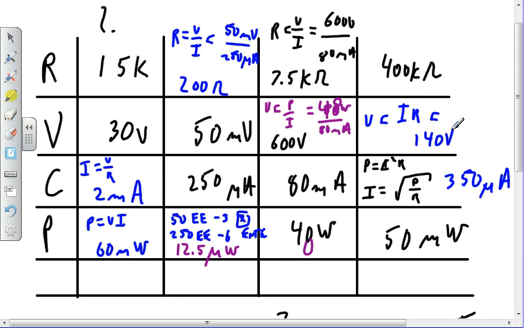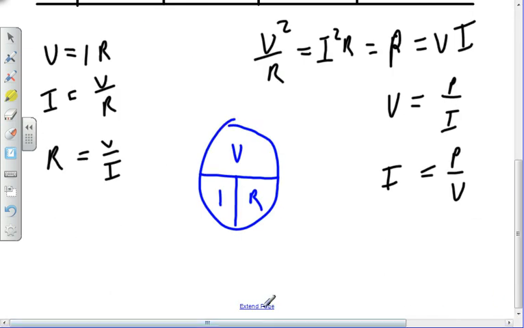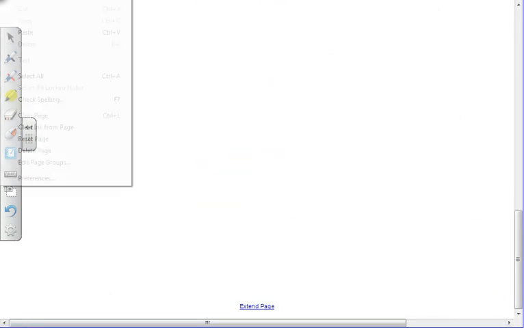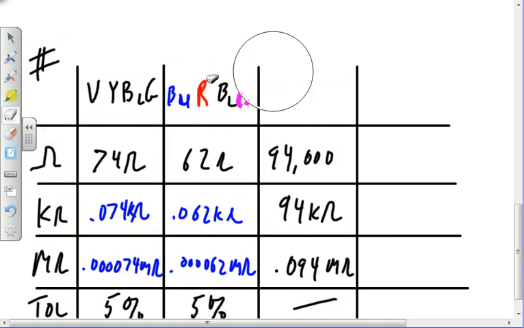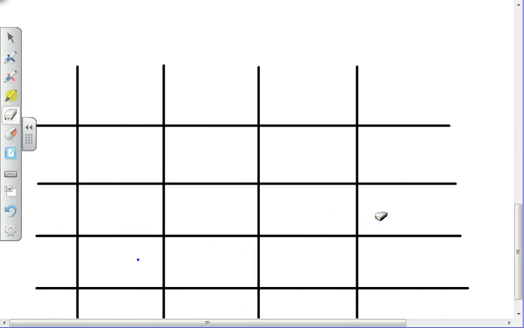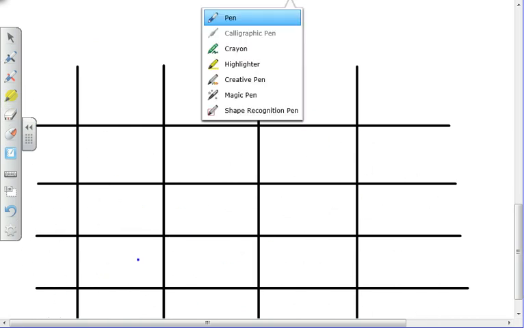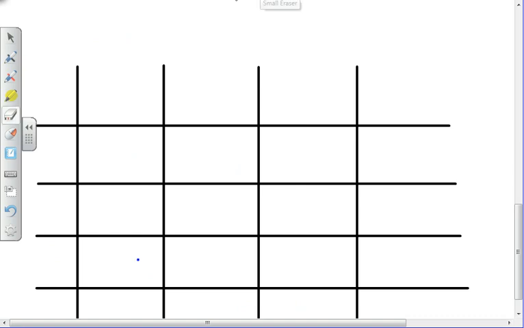Okay, now we still have, what do we have? We have 3 more to do, right? All right, 3 more to do. And with a little bit of luck, the last thing we copied is still there. Yes, it is. Isn't that wonderful? And this is over to continued, and we have resistance, voltage, current, and power.